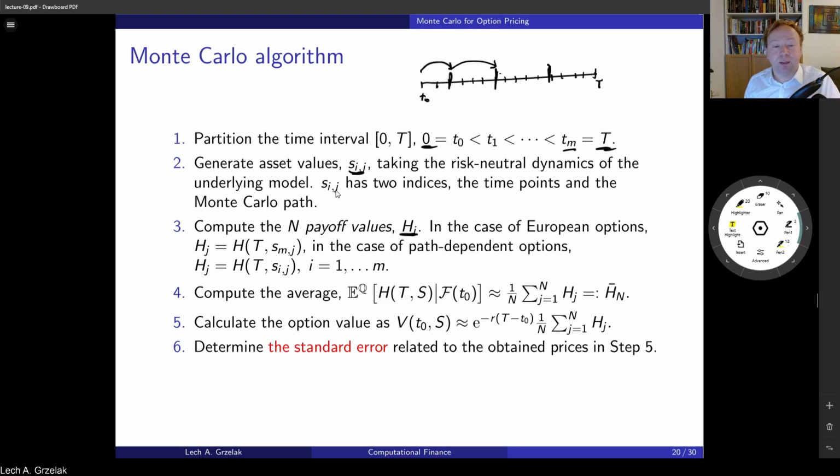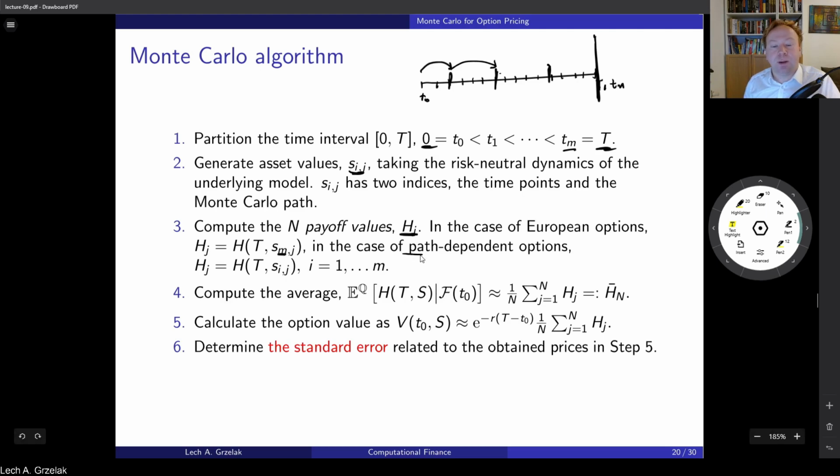So we have, let's say, N payoffs, and then we calculate essentially the average of them. If we have a European type option, you see that the payoff will depend on S_{m,j}. This means we only consider paths at time Tm, and this is why we have a final state.